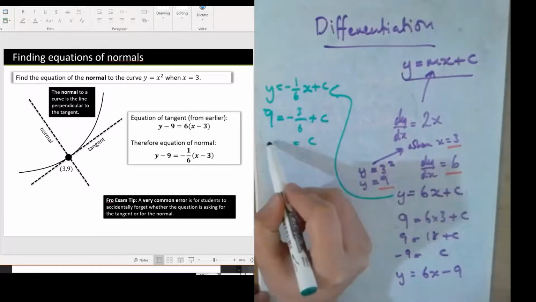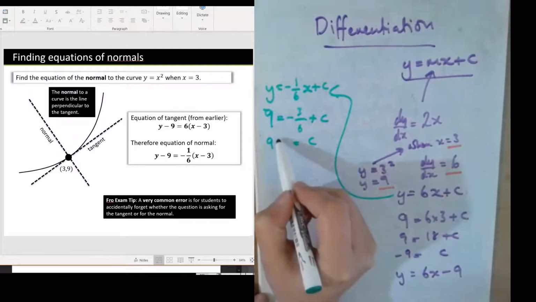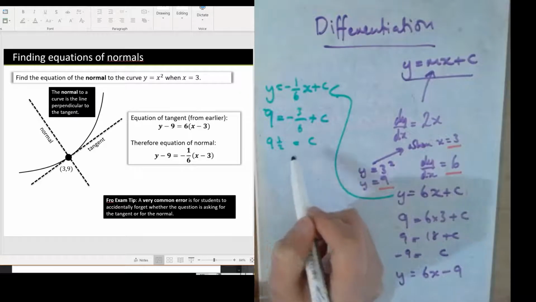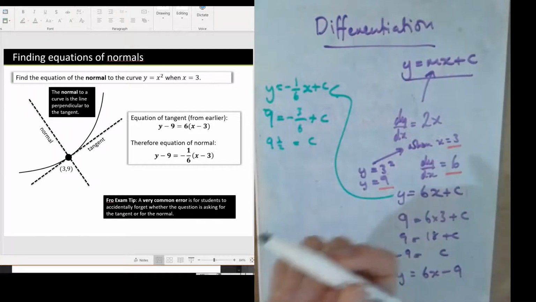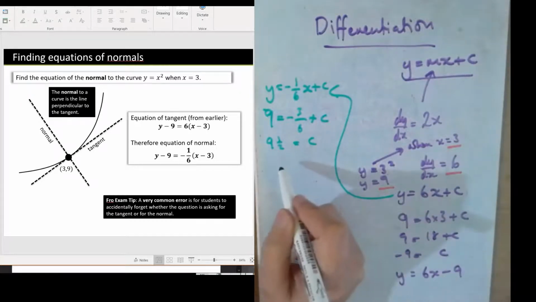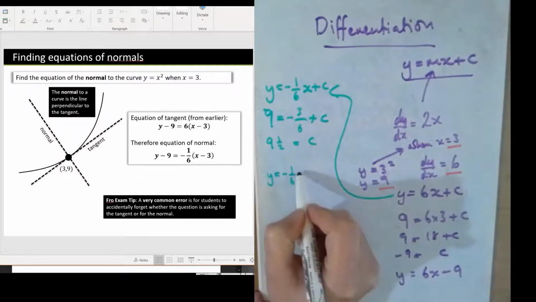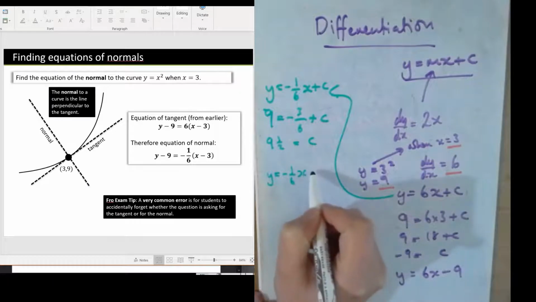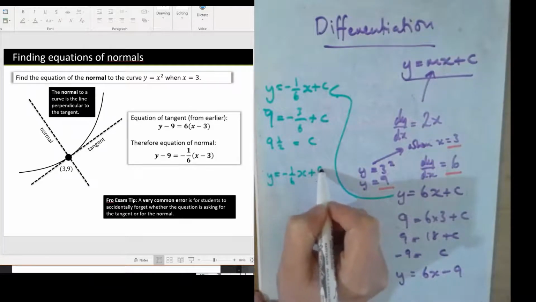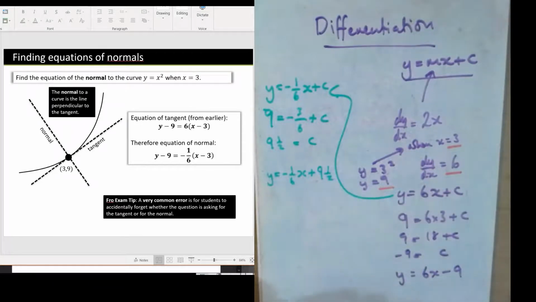Then to find out c, that would obviously be 9.5, which some of you might leave like that, or you might put it into fractions, decimals, whichever, which would then give me y equals negative 1 over 6x plus 9.5, or 9.5, whichever way you want to talk about it, doesn't really matter.